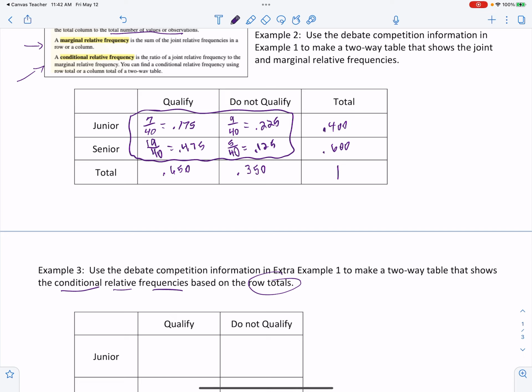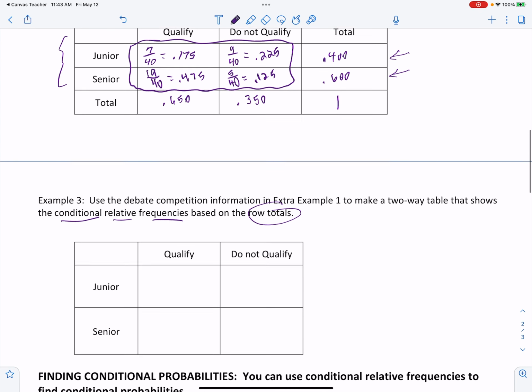It is the ratio of a joint relative frequency, which these in here are joint relative frequencies, to a marginal relative frequency. So we're taking those inside boxes related to an outside box. And in the case below, they want us to use the row totals for the ratio. They could have asked us to use the column totals. So you've got to read the problem to know which one they want.